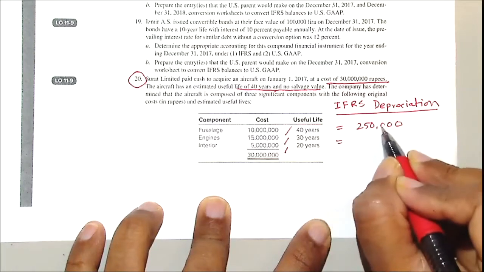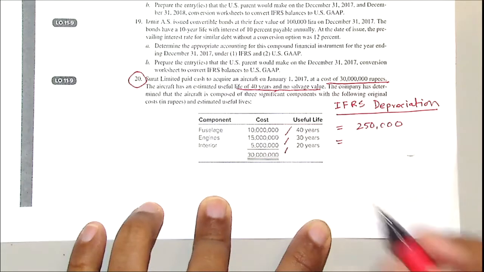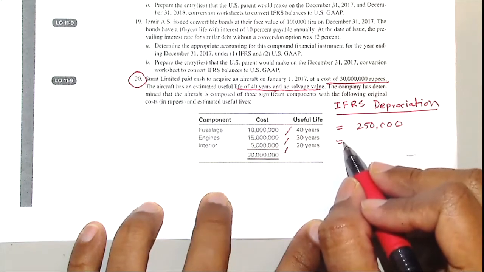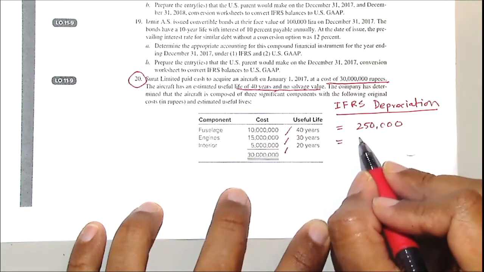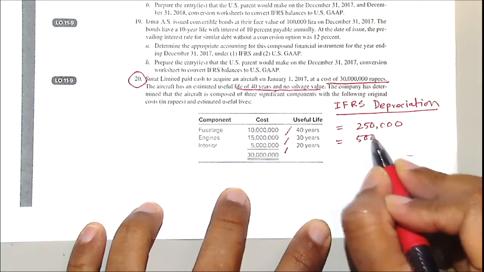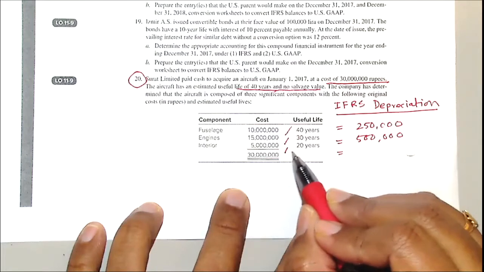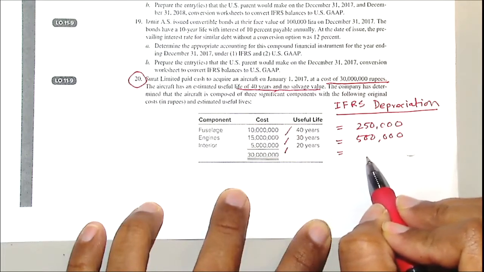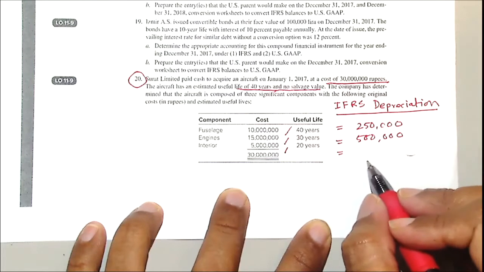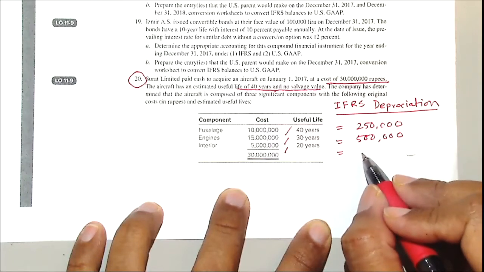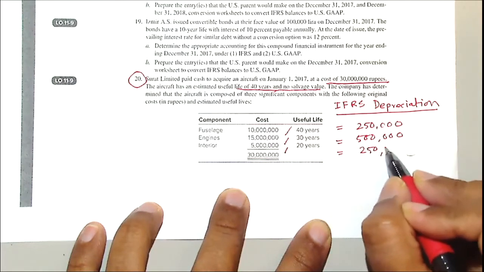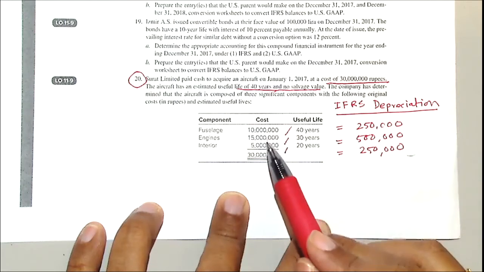What's the second component's depreciation? Engines, 15 million over 30 years. 500,000. What's the third component? Interior, 5 million over 20 years. 250,000.